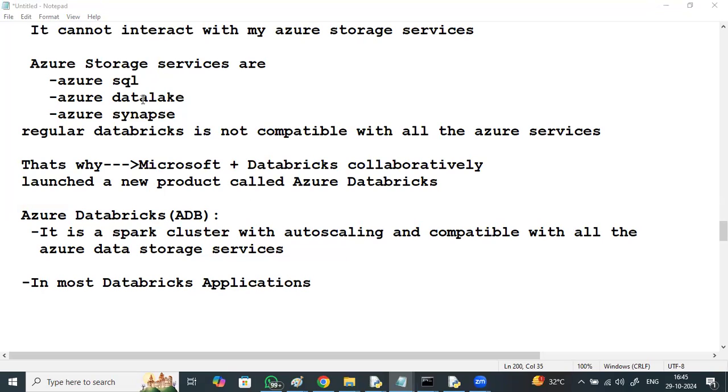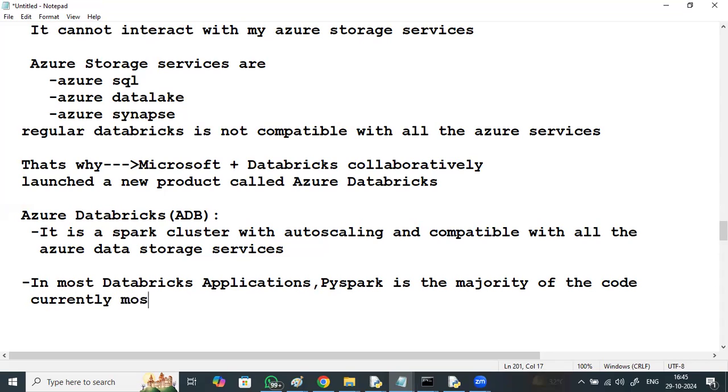In most Databricks applications, PySpark is the majority of the code.